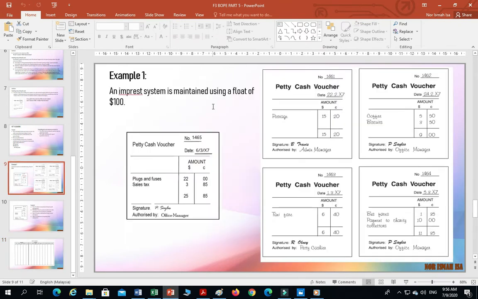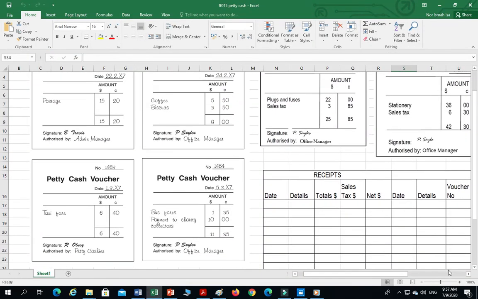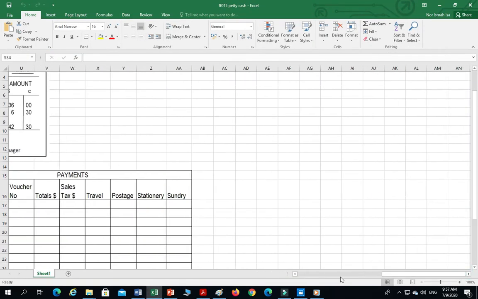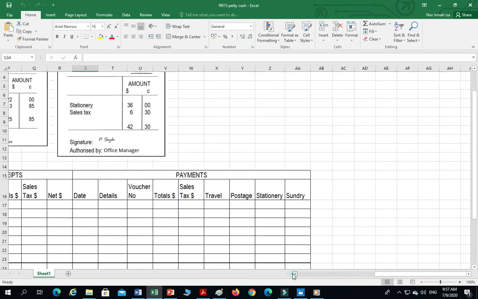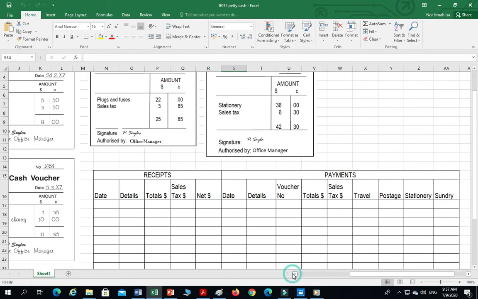This is example 1. An imprest system is maintained using a float of 100, meaning that as the starting point for this petty cash, we need to record the imprest amount of 100.